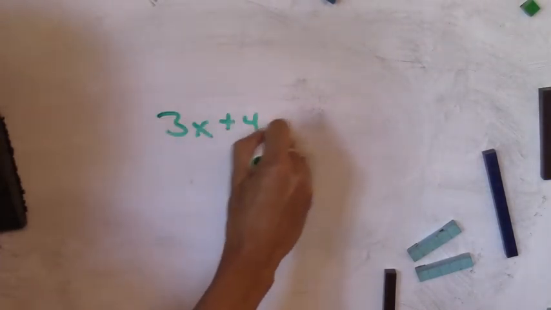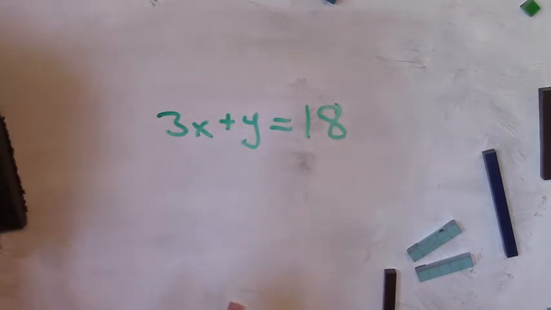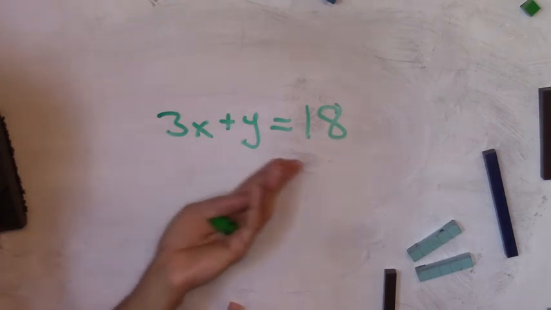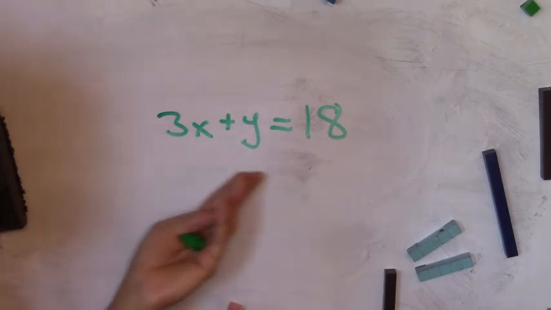So let's do 3x plus y equals 18. My dad's sitting outside right now. All right, cool. So. And let's do wait. Let's make it. See, and again, it's infinite possibilities. All right. So now I'm going to narrow it down.